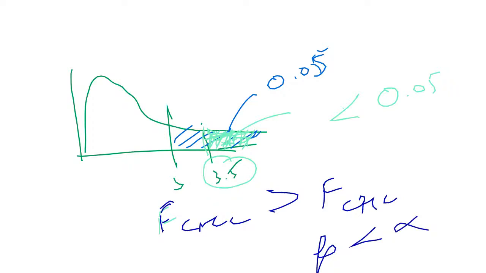We already are aware about the hypothesis, and the null hypothesis is always the equal to. So sigma 1 square is equal to sigma 2 square. And the alternative hypothesis is not equal.